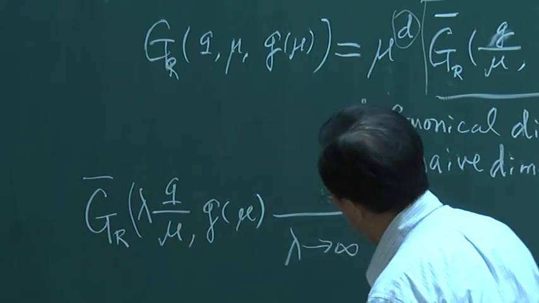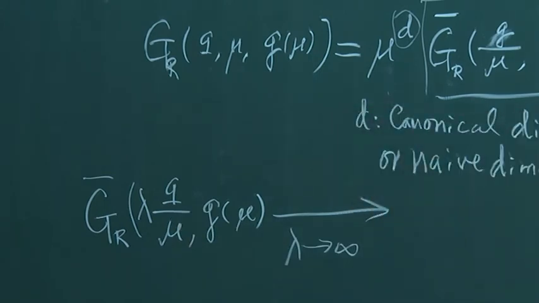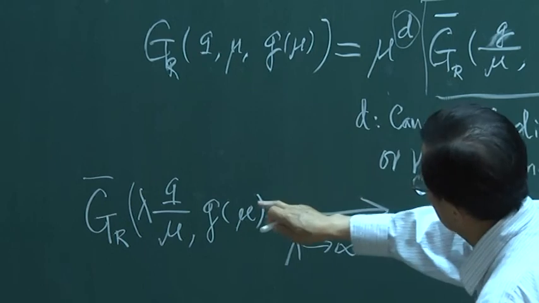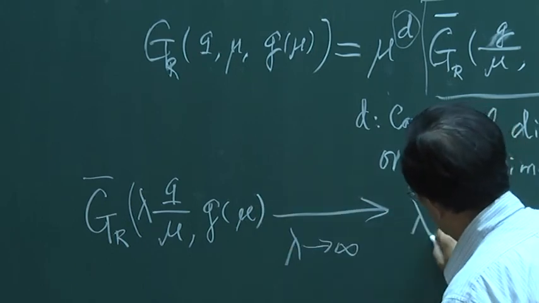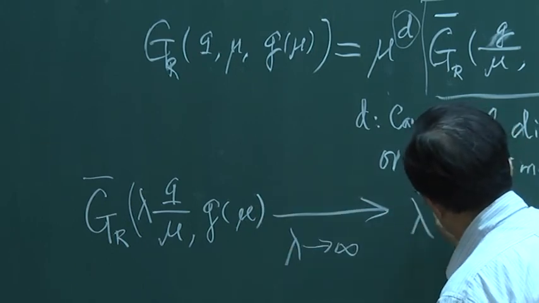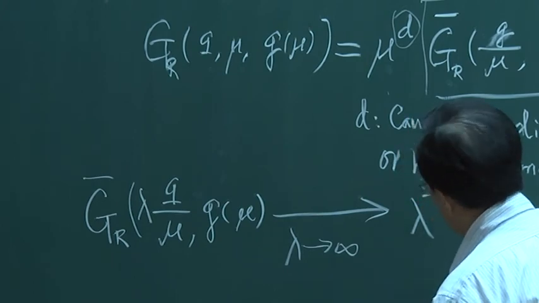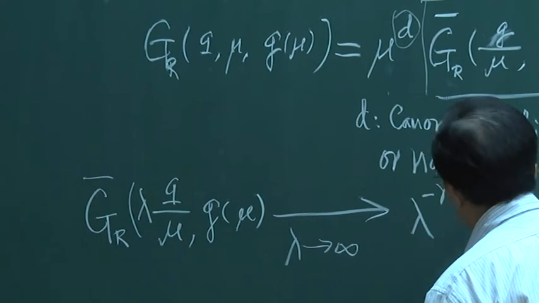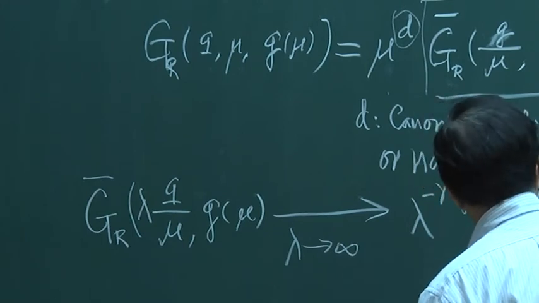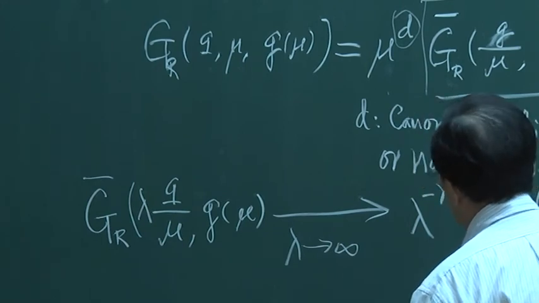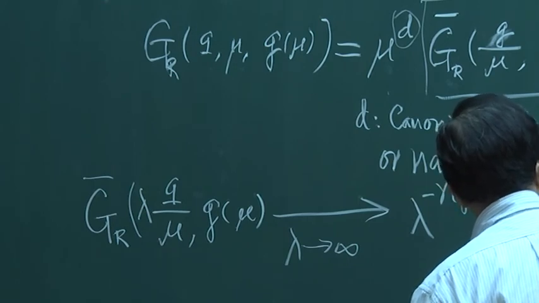So let the momentum go to infinity, and what happens to this? Even though it's dimensionless, it will correspond to a power of gamma(g star). And then g bar here will be equal to Q over mu to the power of that g star.